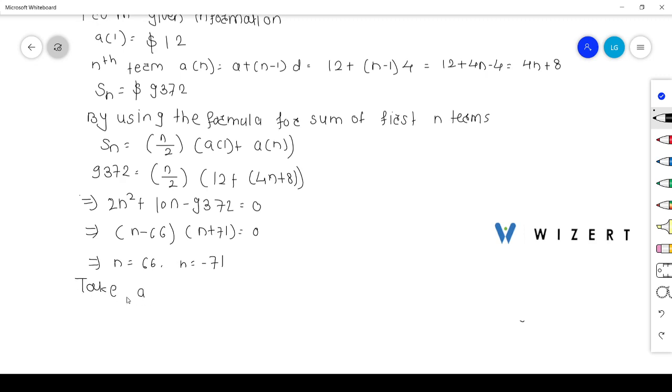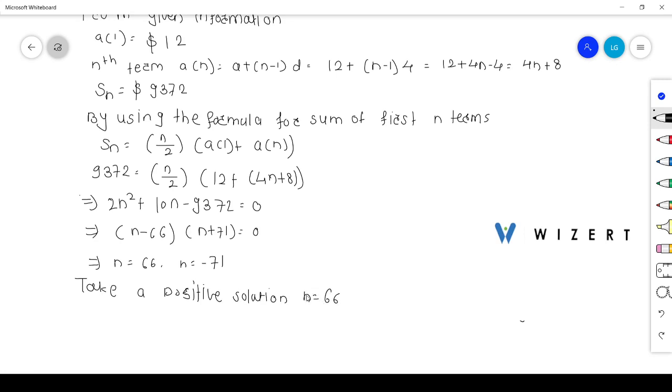Take the positive solution, that is n equals 66.